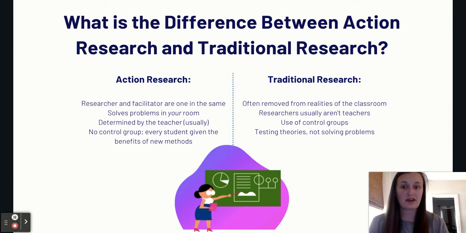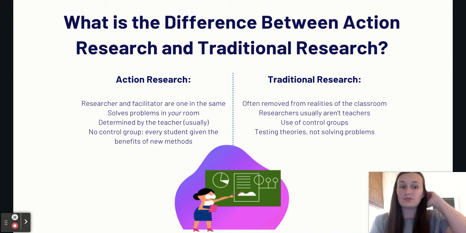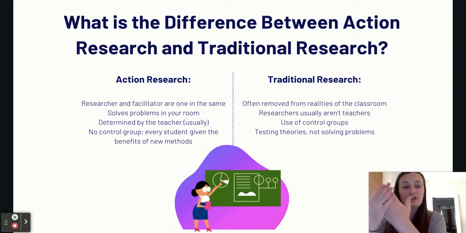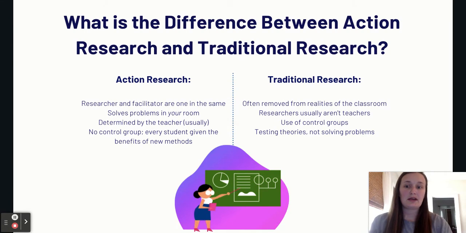It's very specific to that teacher and to that classroom. Not every single classroom is the same, just like how not every teacher is the same, not every student is the same, not every issue in the classroom is the same. Something that works in my room probably will not work or might not work in my neighbor's room. It could be different.